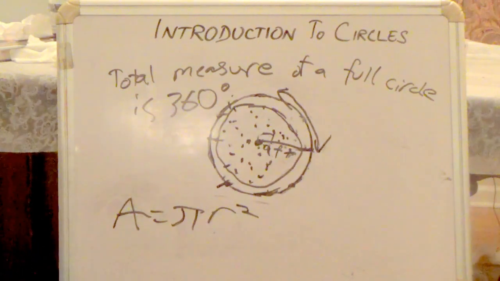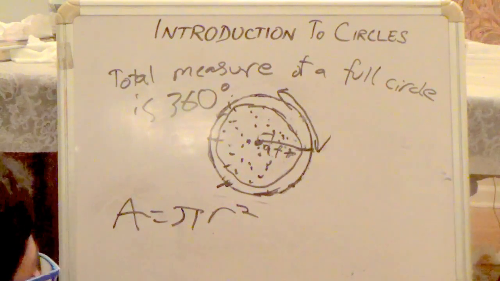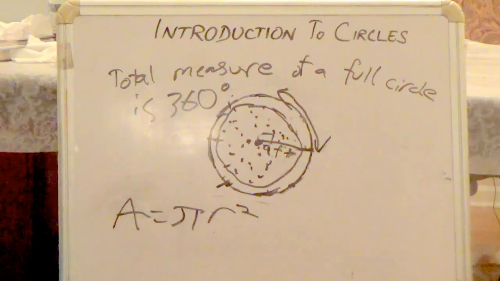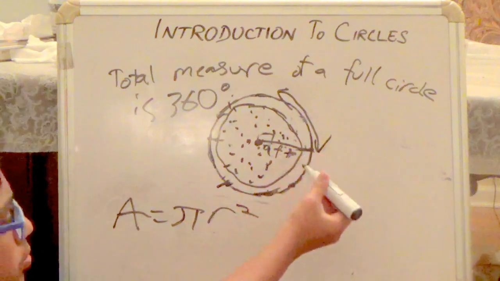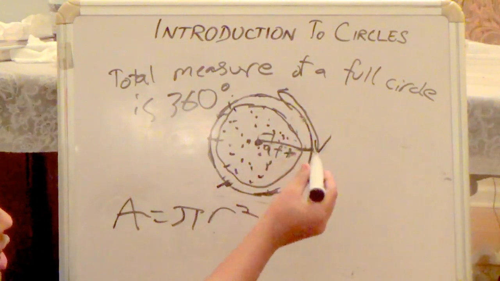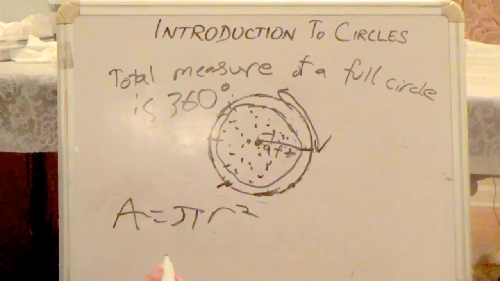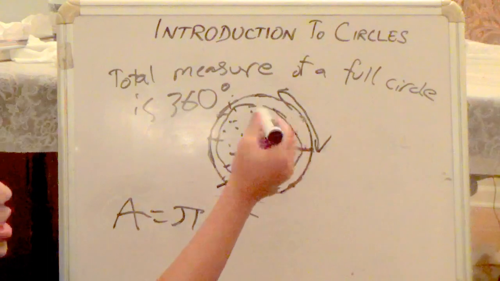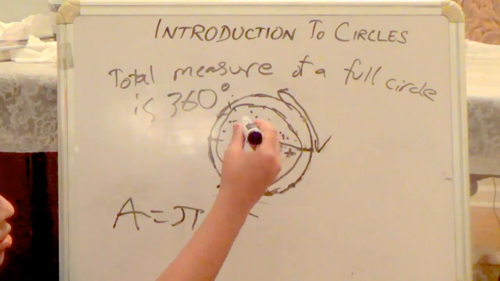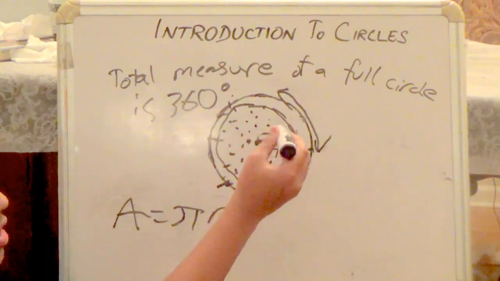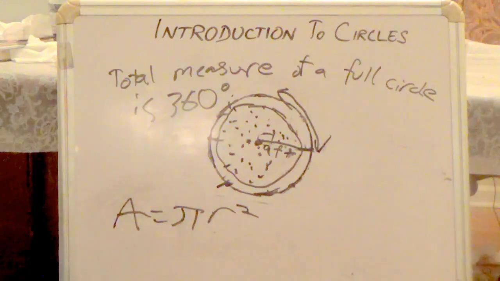So you're going to eat a full pizza with a radius of 9 feet. Let's see how much pizza you eat. We can measure how much pizza you eat by area, because it's the entire area that you're going to be chowing down on, right?